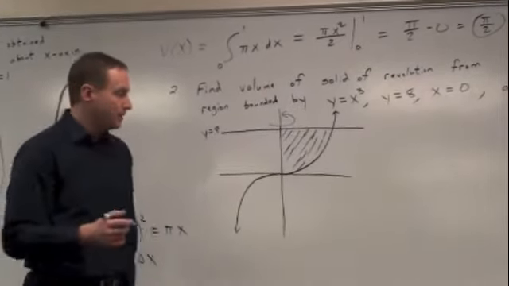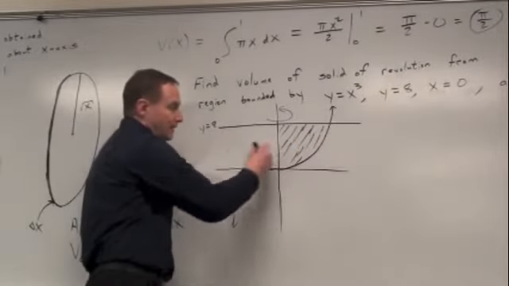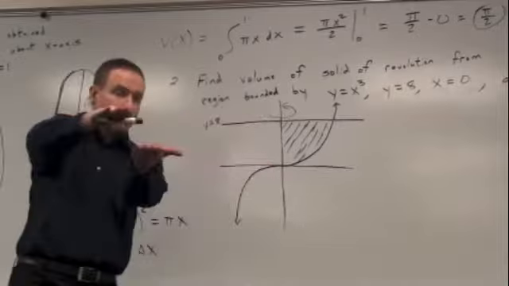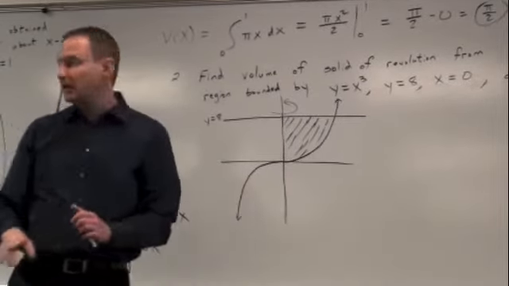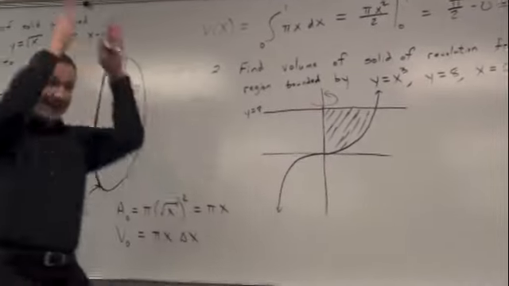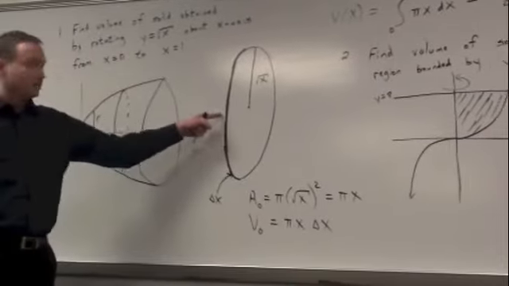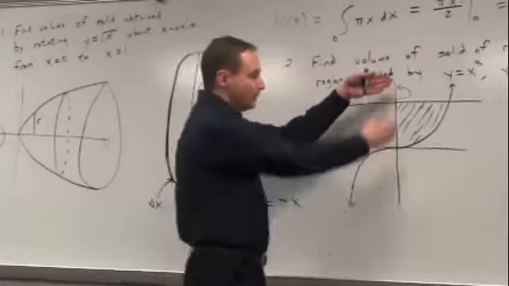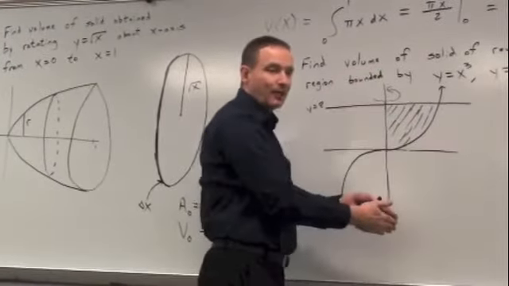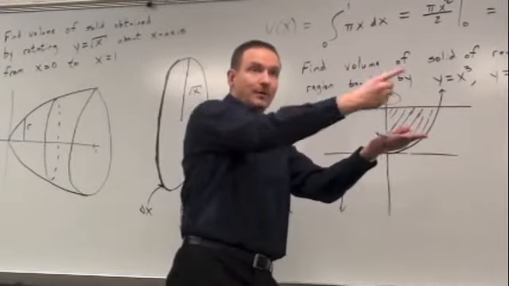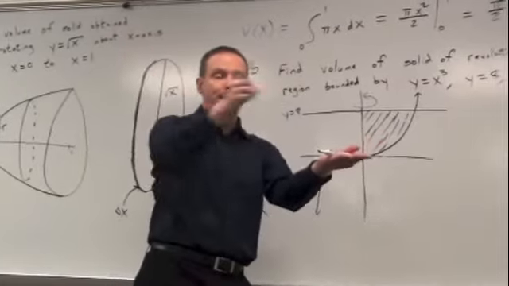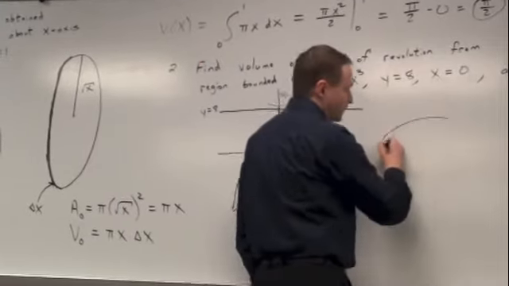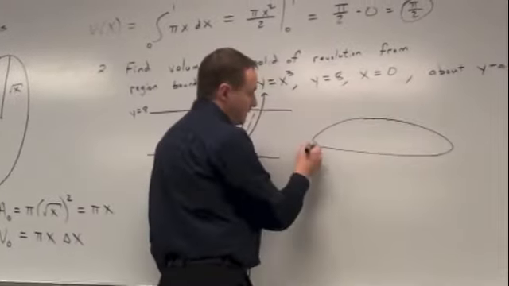That arbitrary cross-section, we need to see that it would be horizontally cut. You'd have to cut into it this way. It would make no sense, as in the last problem, I did a vertical cut where the thickness was in terms of x. That would make no sense whatsoever in this problem. You're not going to cut it that way. You have to cut it this way because it's revolving about a vertical axis. So I'd say, okay, each of my cross-sections look like this.